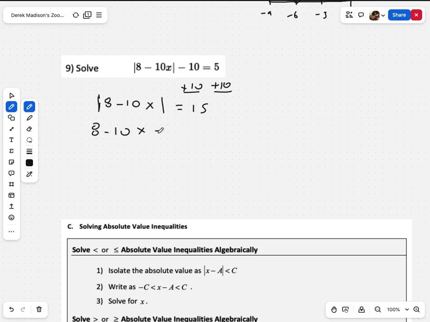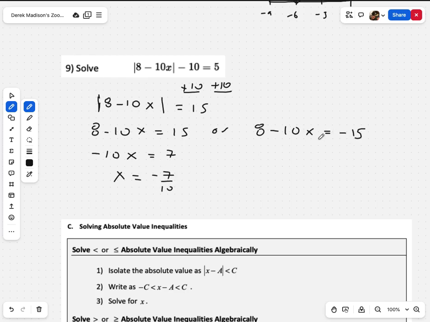So 8 minus 10x equals 15, or 8 minus 10x equals negative 15. Subtracting the 8 over, I would get negative 10x equals 15 minus 8, which should be 7. And then dividing by 10, we'll have x equals negative 7/10 for a first solution.